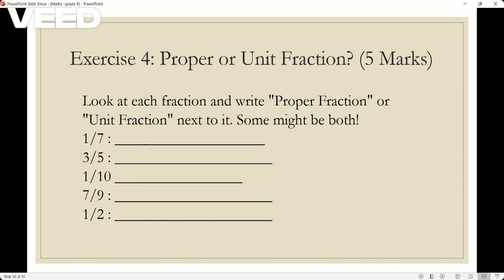I'm reminding you about this one because this is a very good question. Sometimes the first one may be both, or the fifth one may be both.